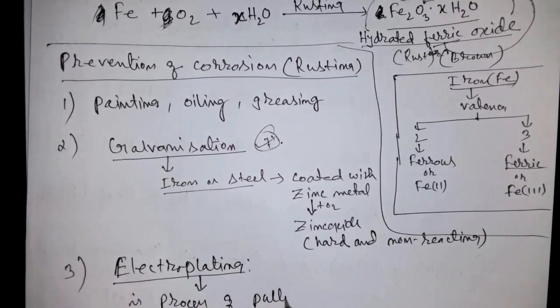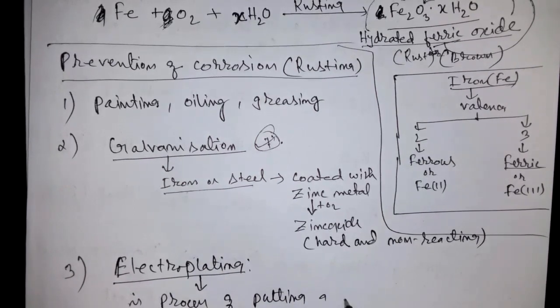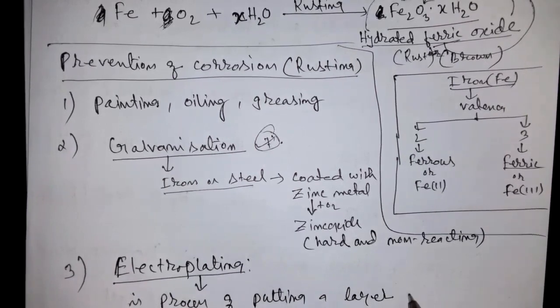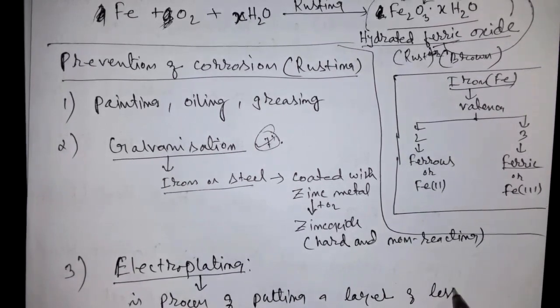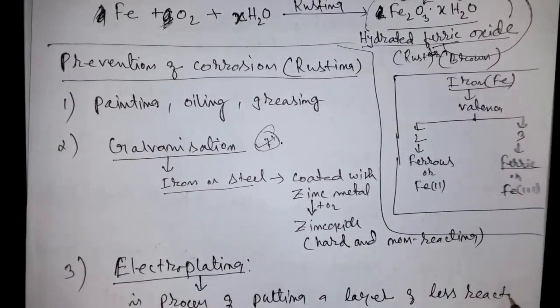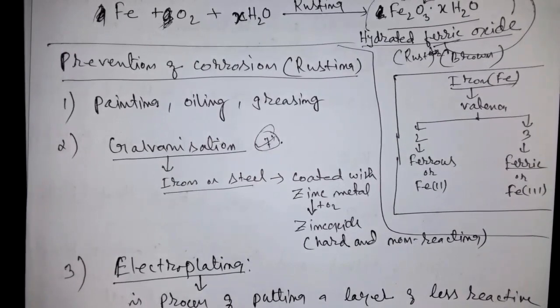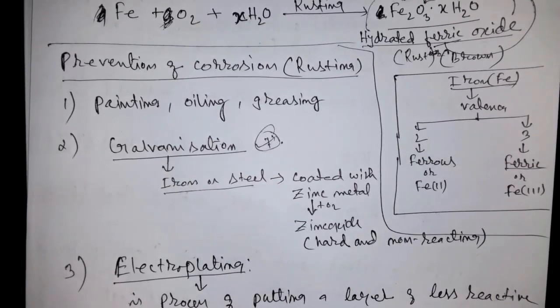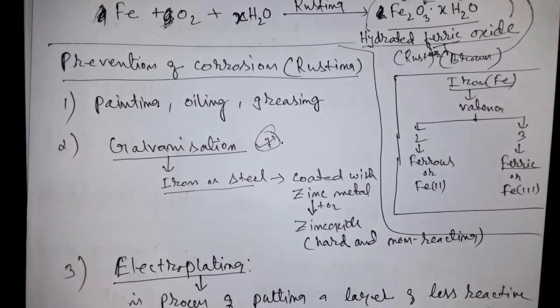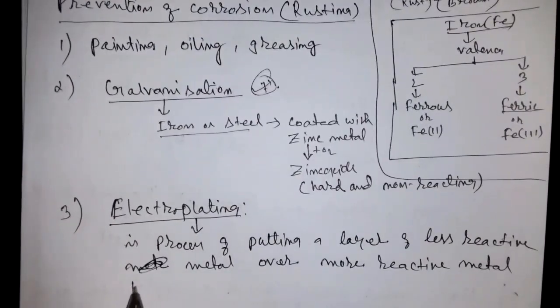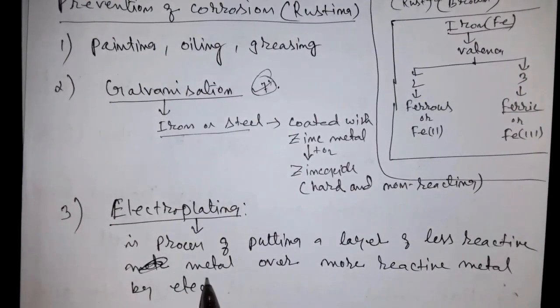So electroplating is a process of putting a layer of less reactive metal over more reactive metal by electrolysis.